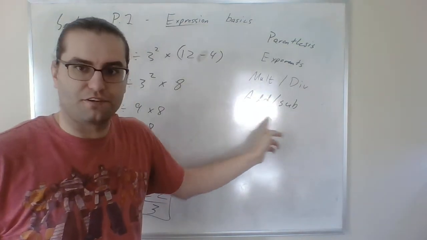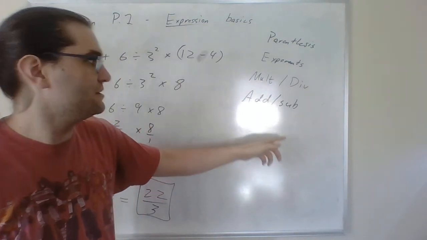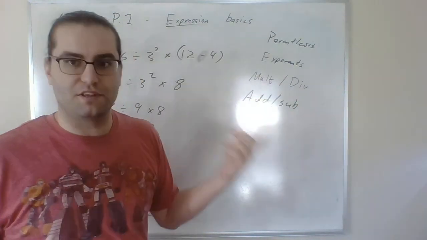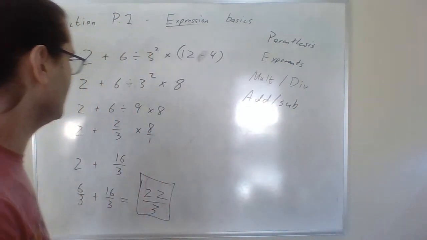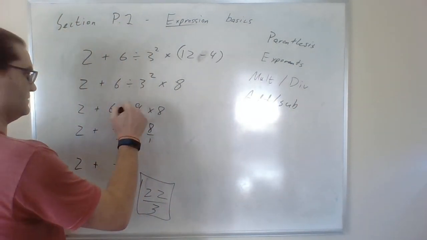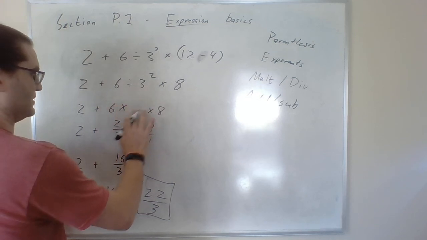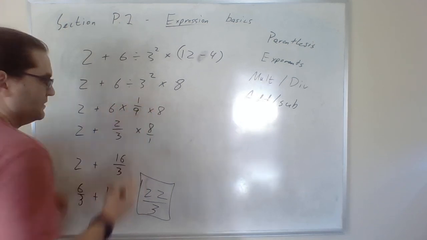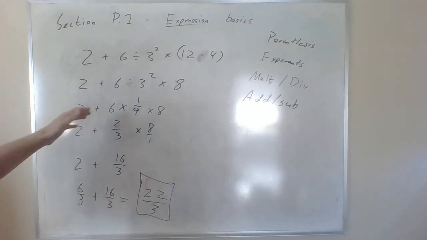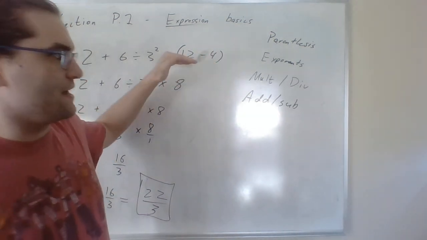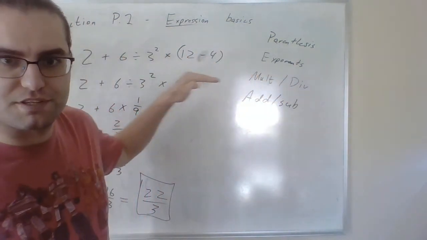Addition and subtraction are secretly the same thing, just with negative numbers. Multiplication and division are secretly the same thing, just with fractions. Like instead of this being divided by 9, you could very easily think about this as being times 1/9. That's what division means. So these are secretly the same thing, and they are on the same tier, the same level.